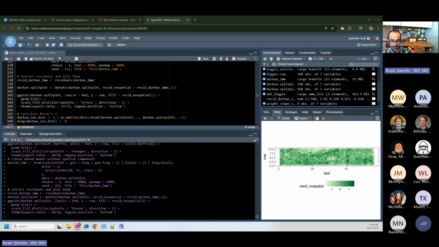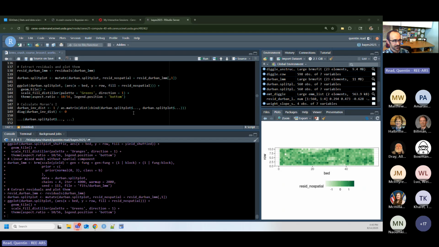If those things are correlated, that means the closer together two points are, the closer their residuals are. That means there is a spatial pattern in the residuals. We do not want this correlation to be high because it means there's a lot of spatial pattern in the data that we're leaving out of our model. That statistic is called Moran's I statistic.